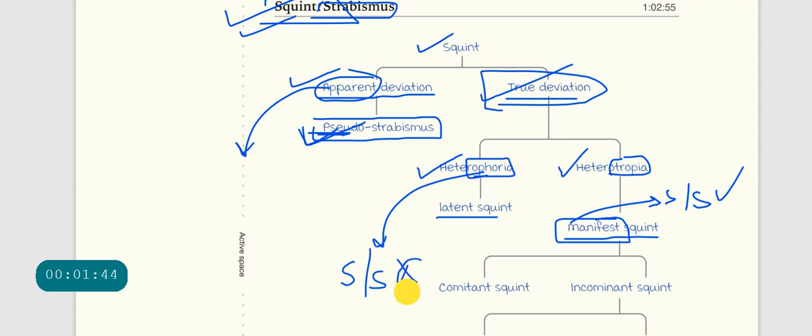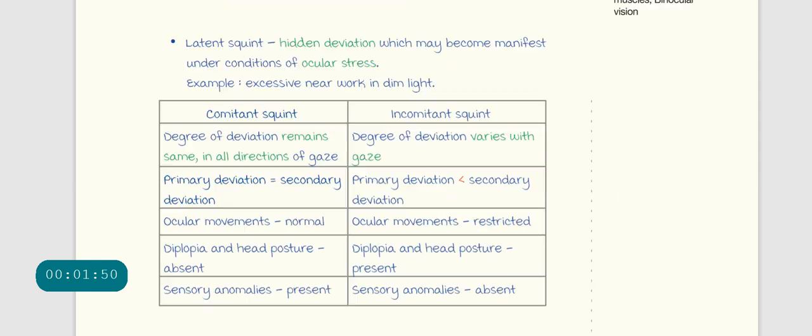Very simple. Now what is latent squint? Latent squint is a hidden deviation which may be due to ocular stress, for example excessive work in dim light.